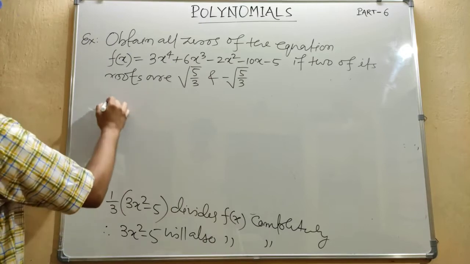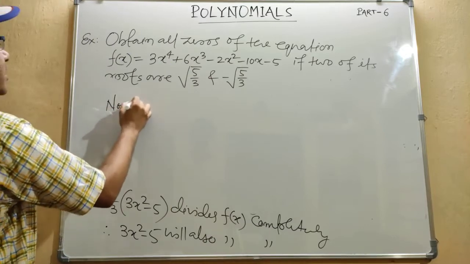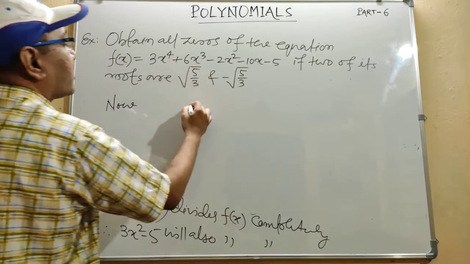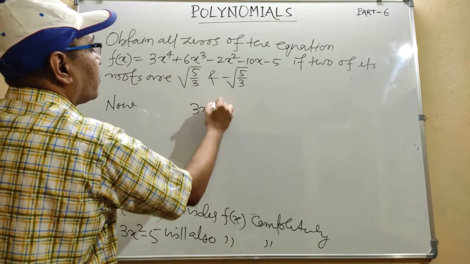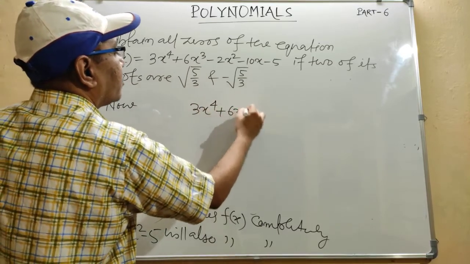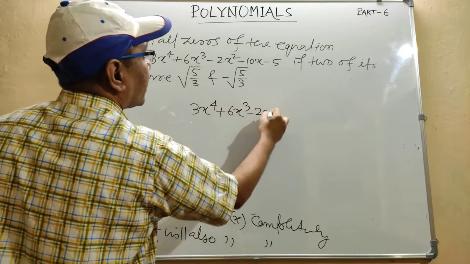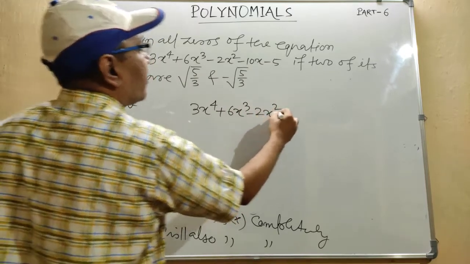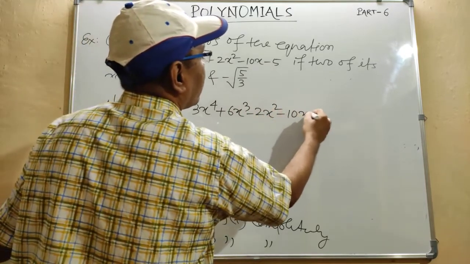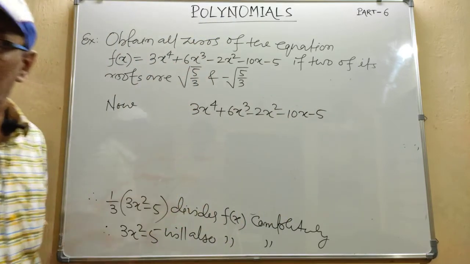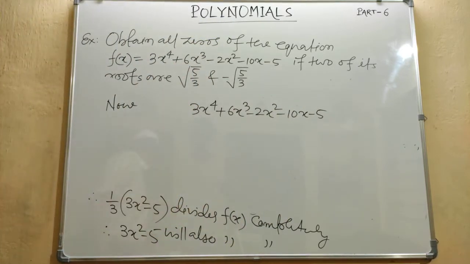What will you do is we divide this 3x to the power 4 plus 6x cube minus 2x square minus 10x minus 5. ठीक है तो 3x^4 plus 6x cube minus 2x square minus 10x minus 5.